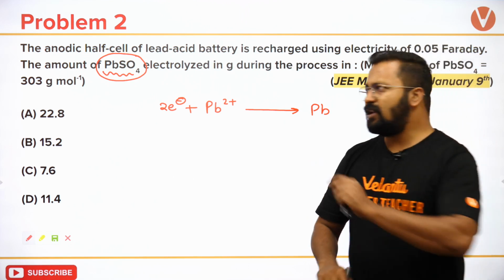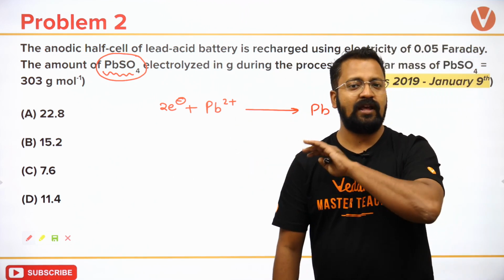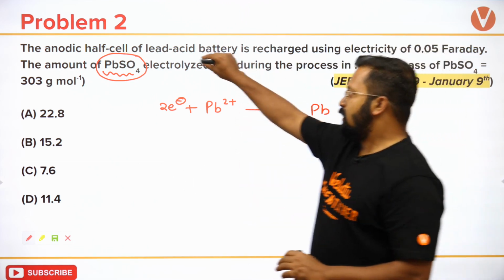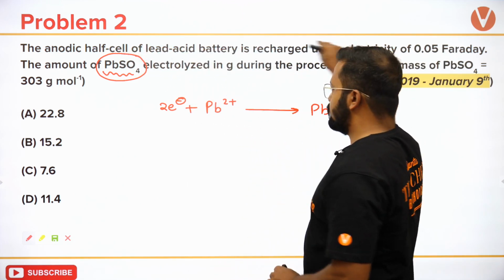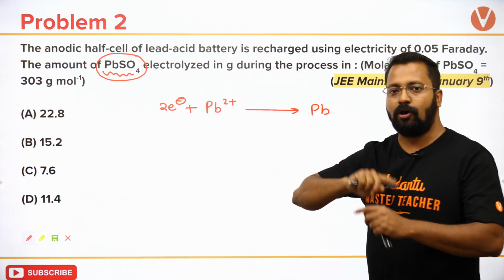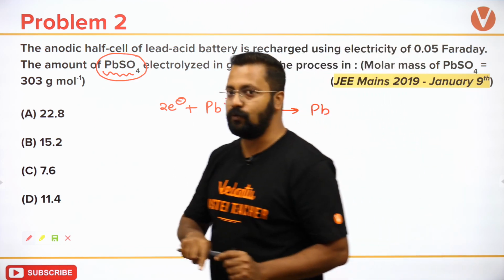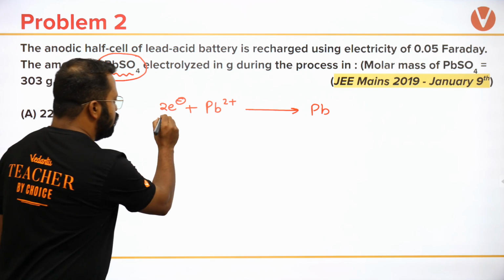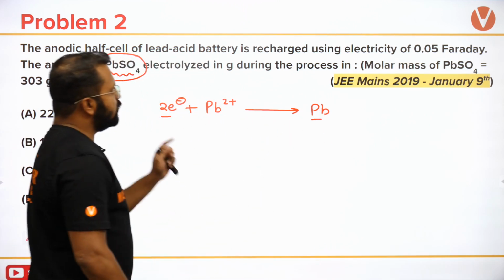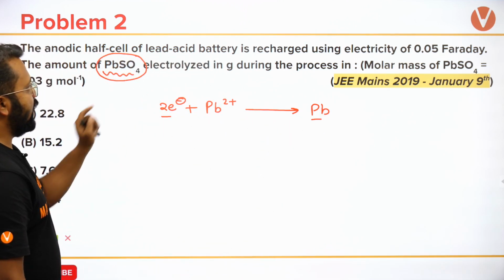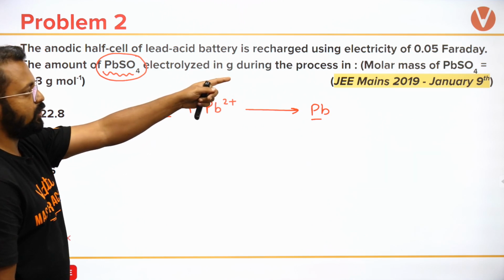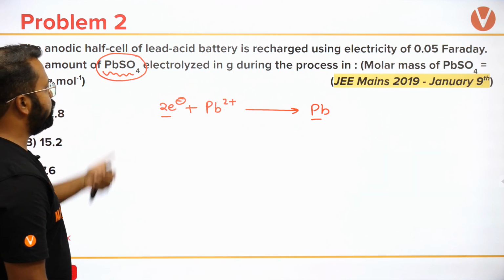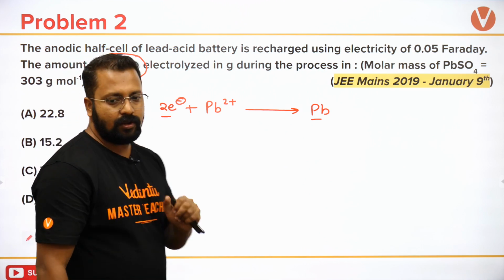So even if I do not know what happens inside the lead acid battery, it's not a problem. This statement is not going to do anything except confuse you or make you nervous. Don't worry about that. Look over here. Question is, the anodic half reaction of lead acid battery is recharged using 0.5 Faraday. The amount of PbSO4 electrolyzed in grams is equal to.